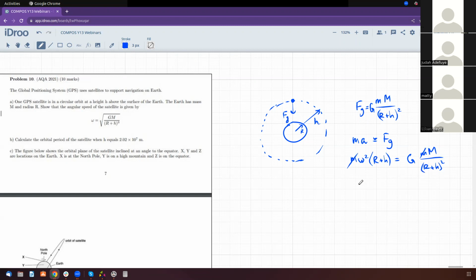You've got r plus h, so omega squared is GM over (r plus h) cubed. So omega is the square root of GM over (r plus h) cubed.